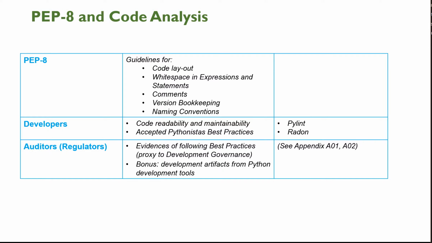But then from the auditing point of view, the bonus from those tools is that they provide artifacts on our code. And you can see here it is evidence that we are following best practice, i.e. this is a proxy of good governance.